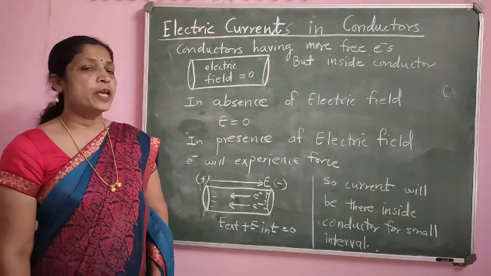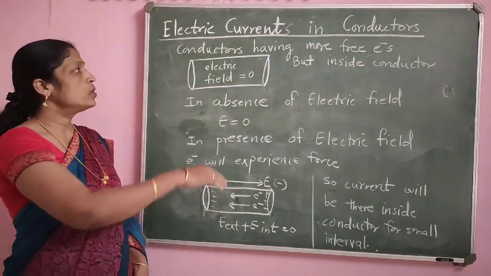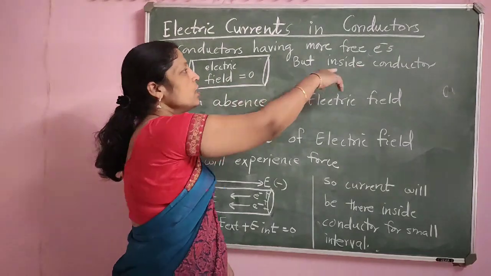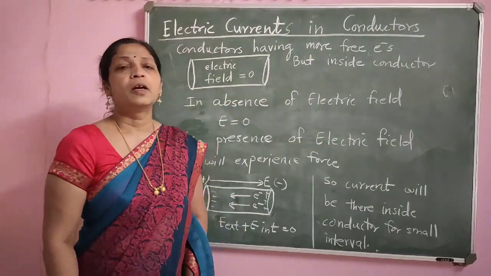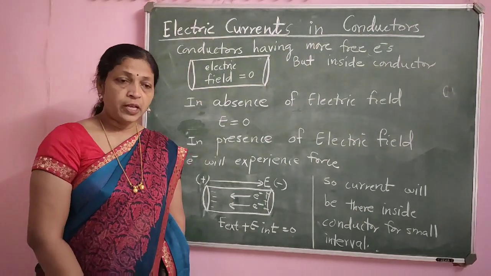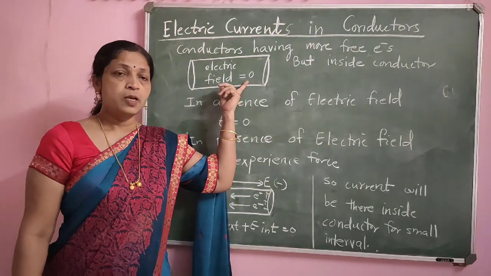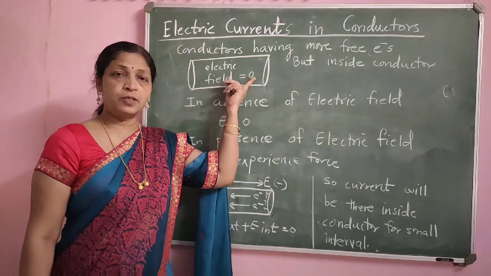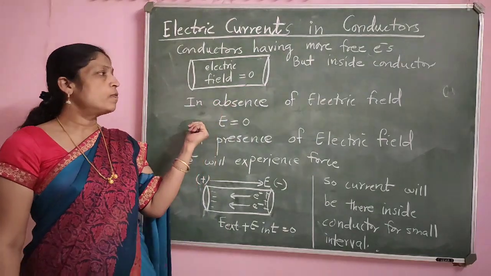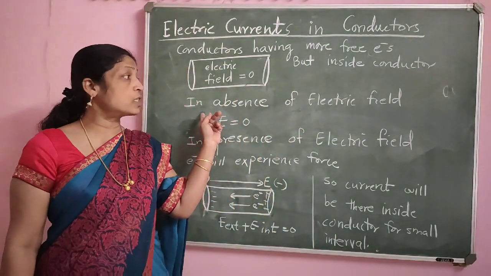Let us discuss the next topic, electric current in a conductor. As we know, in a conductor we have many free electrons. Inside a conductor, the electric field is 0, as we have seen in the earlier chapter. What will happen in absence of an external electric field?